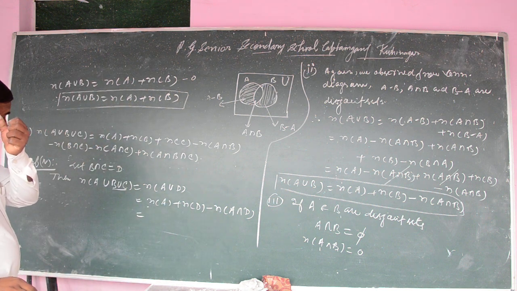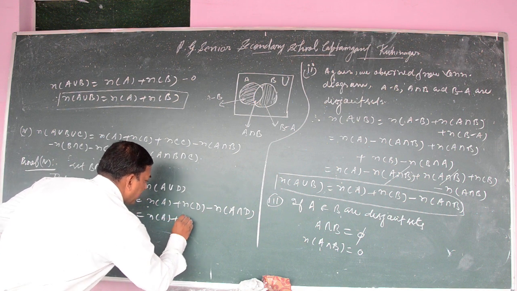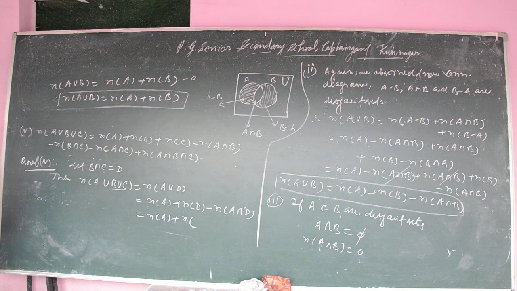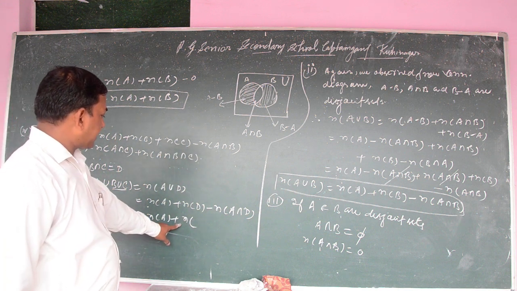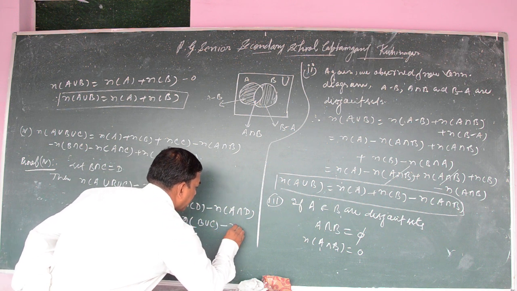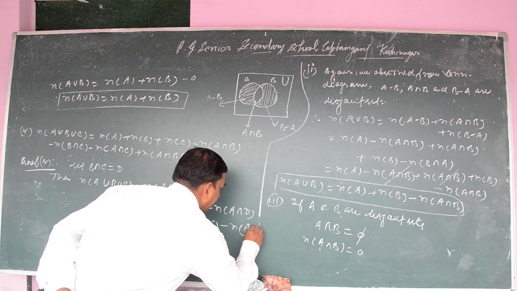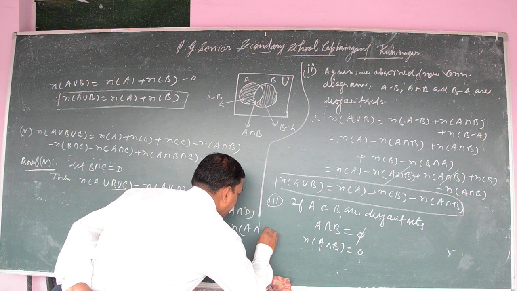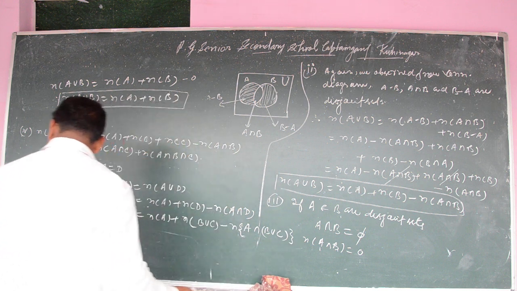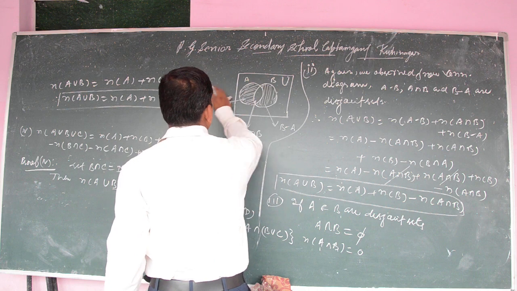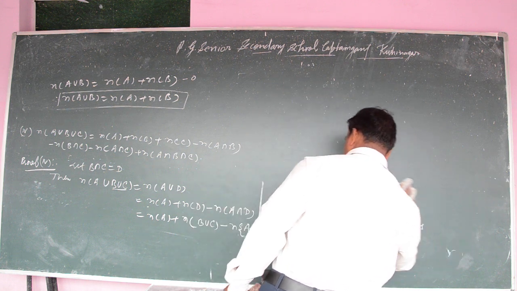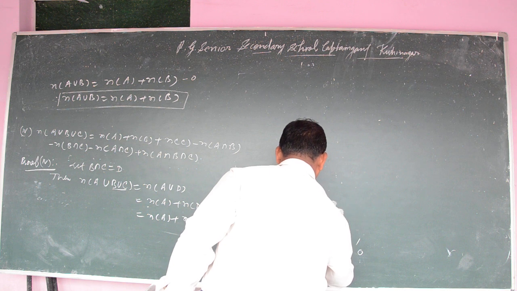Now again we replace D. Cardinal number of A plus cardinal number of D, in place of D we write B union C, minus cardinal number of A intersection D, where A intersection D means A intersection B union C, written in curly brackets.